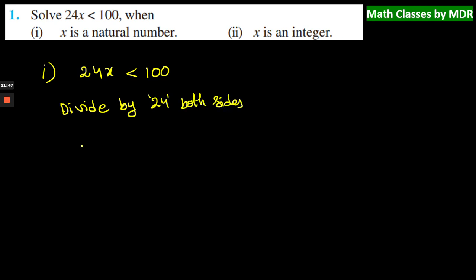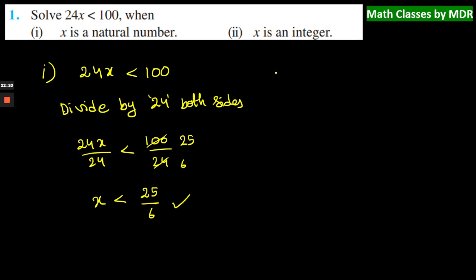Then we get 24x by 24 less than 100 by 24. So 24 gets cancelled, and it is x less than 100 by 24. 100 by 24 I can write as 50 by 12 or 25 by 6, right? We will have 25 by 6. This is the solution for this given inequality.